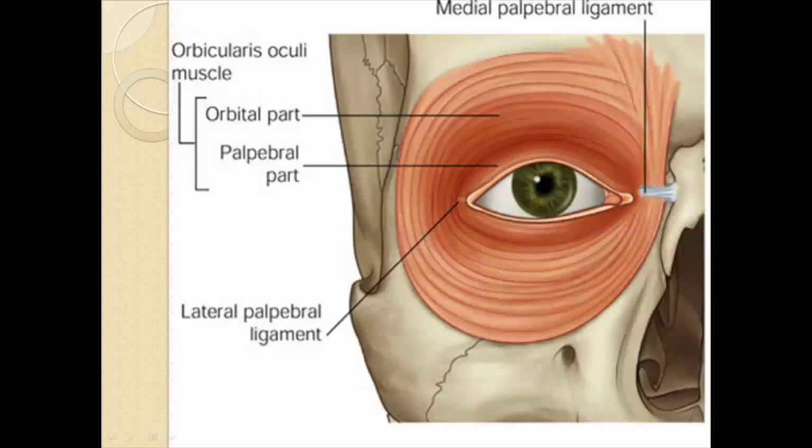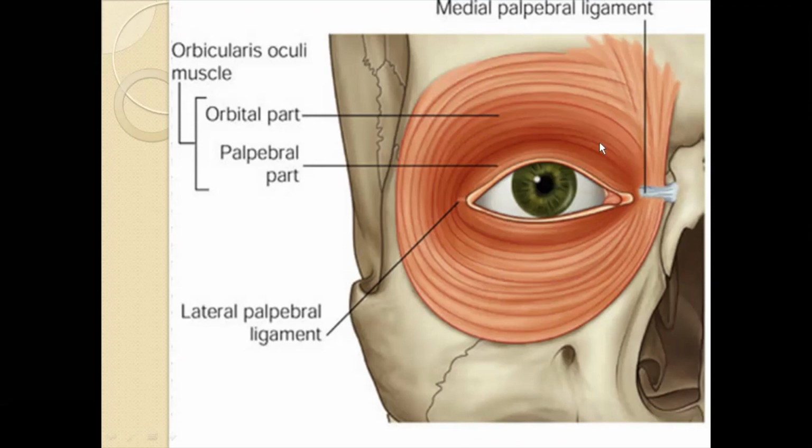As I said, the orbital part originates from the medial palpebral fibers, which are located somewhere here. The medial palpebral fibers originate from the maxillary process of the frontal bone. What do we mean by the maxillary process of the frontal bone? This is what we call the maxillary process of the frontal bone.